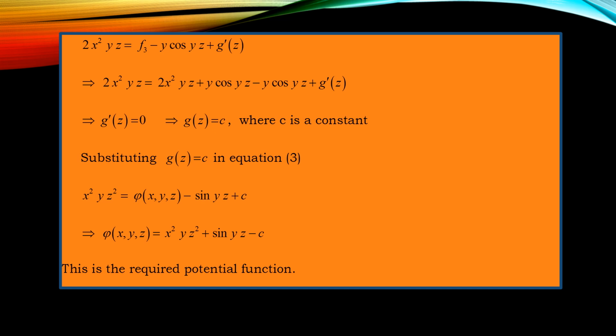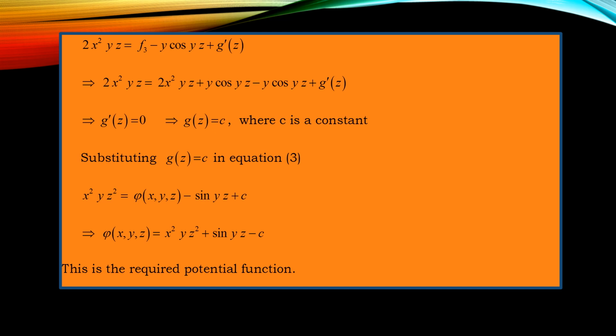Then this equation becomes 2x²yz equals 2x²yz plus y cos yz minus y cos yz plus g dash z. Now everything cancels out and we get g dash z is equal to 0. From this, g of z is equal to c, where c is a constant.